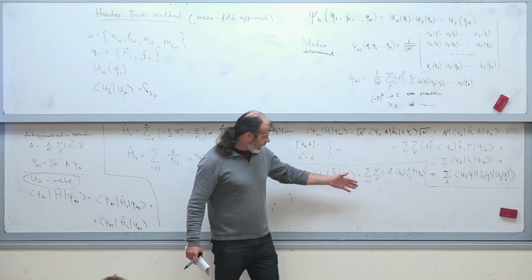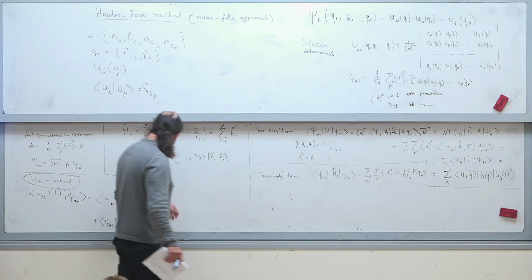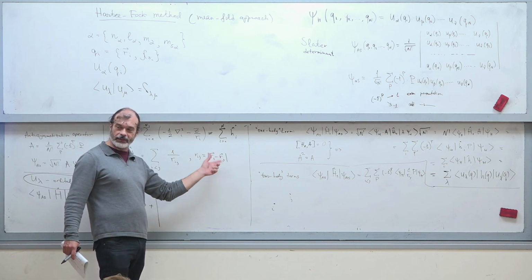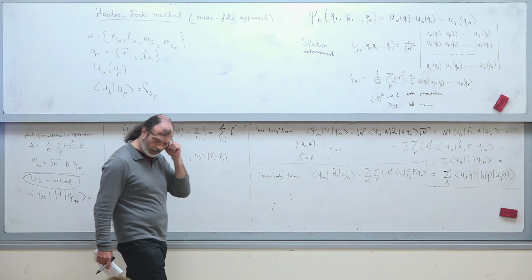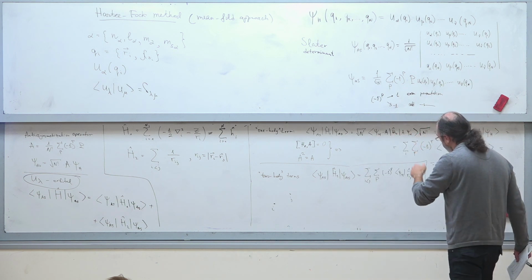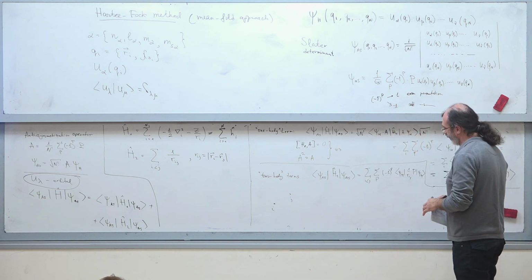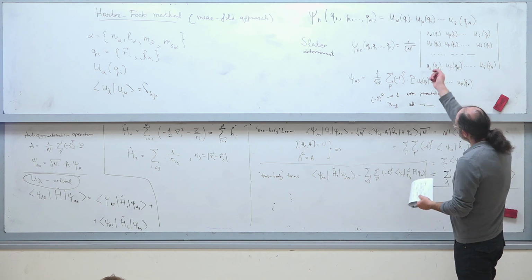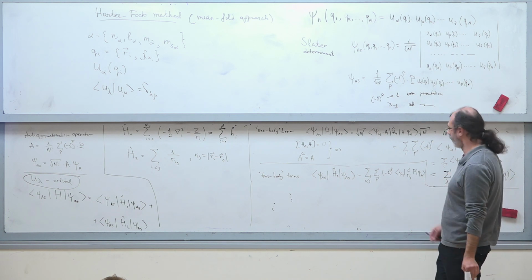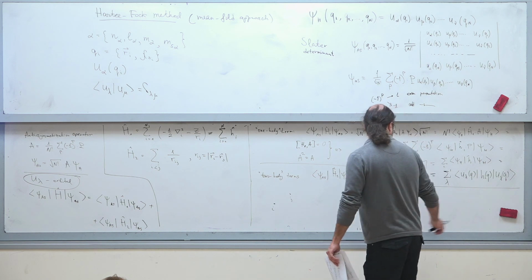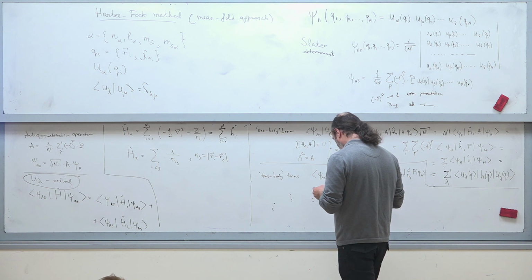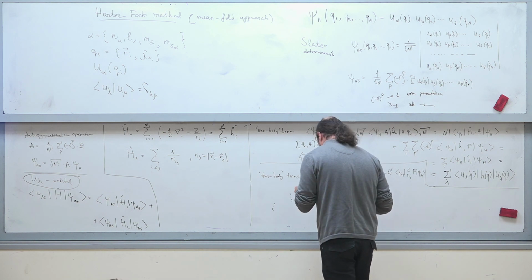This remains because Rij is just the modulus of the difference between Ri and Rj, so it doesn't matter if I take Ri minus Rj or Rj minus Ri. Therefore, this permutation also will survive this integral, because all other permutations will bring us to the situation where the orthogonality of these orbitals will kill the terms. We have two terms in this equation. One term will be the direct integral.